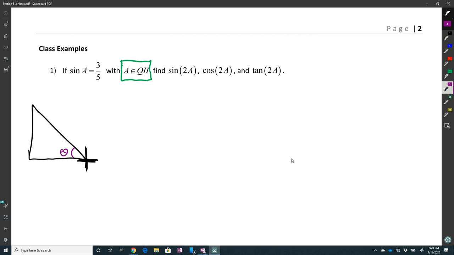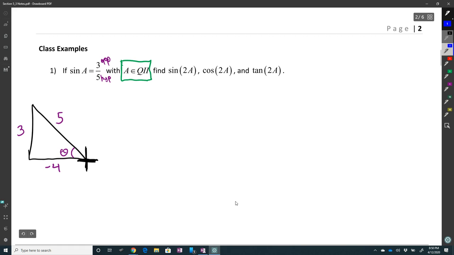We know that sine A equals 3/5. Sine is opposite over hypotenuse, so opposite is 3, this is 5, which means the missing side should be -4 because we're going to the left. That's why quadrant 2 is important, because if you had put +4, your values would be off and everything would be incorrect.